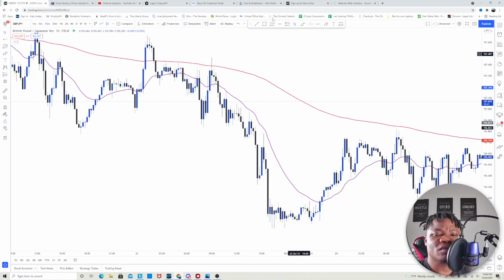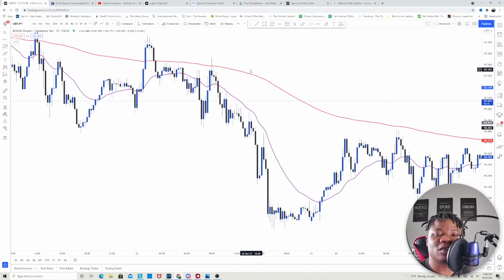So now, like I said earlier, we need price to be below both EMAs. Once we have that condition met, now we need to wait for a pullback. If price closes above the 200 EMA, our sell position is no longer valid.